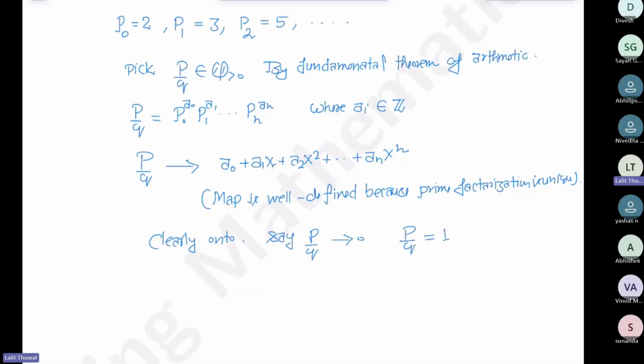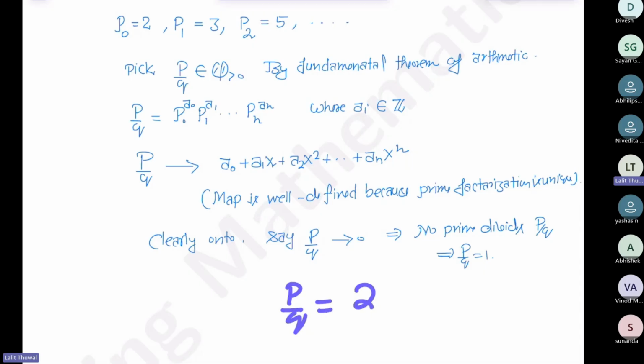Don't you think so? No prime divides P by Q. This implies, because if there is at least one prime which appears here, say 2, then this does not go to 0, because this will go to a polynomial like 2 plus something, right?